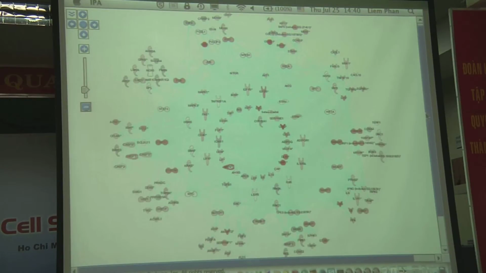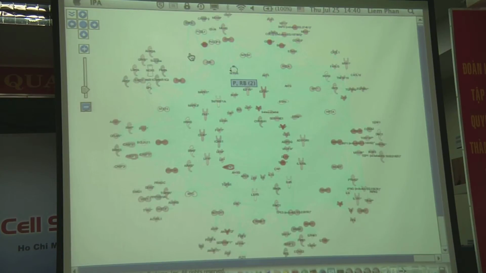Okay. So how to see the relationship between one gene and another one? Say again, please. How to see only one gene to another one? Yes, I mean the connection of only one. Okay. So the question is how to see the connection from one gene to another gene, right?